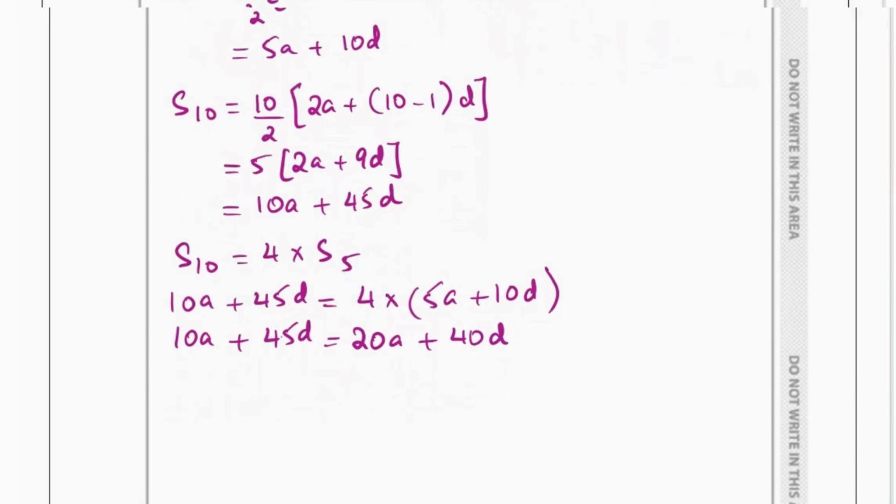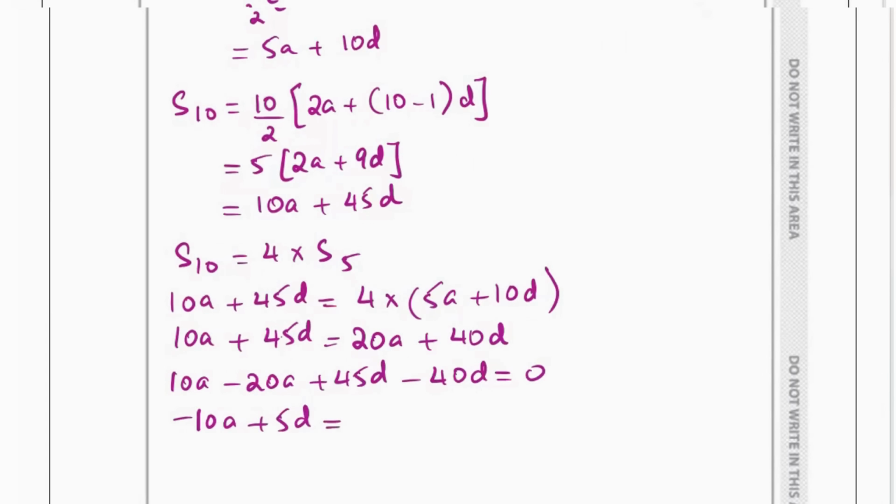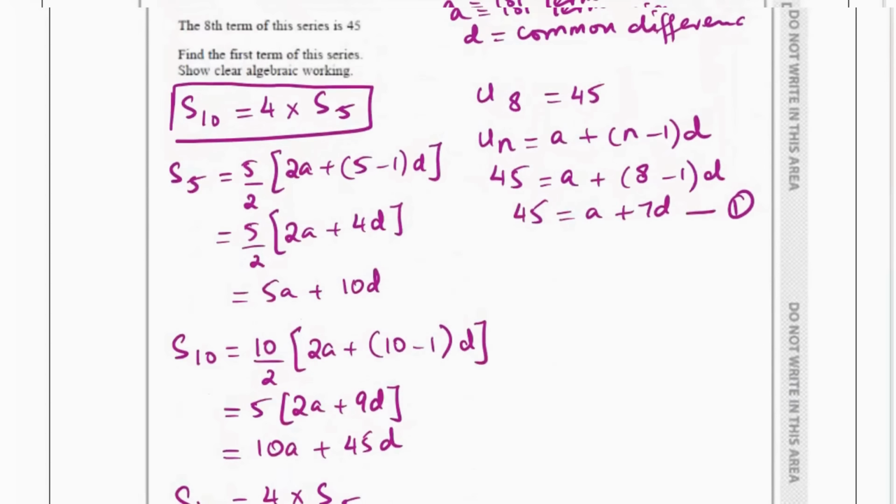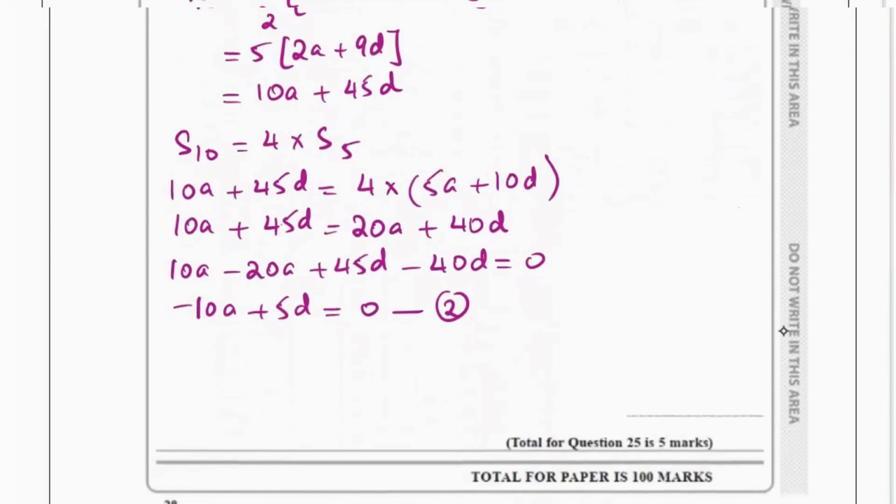Collect all of the terms on one side. 10A minus 20A plus 45D minus 40D equals 0. Negative 10A plus 5D equals 0. This is your second equation. So they want us to find the first term. So if we make D the subject over here, 5D equals 10A, D equals 2A.